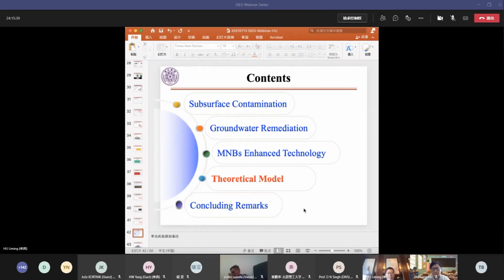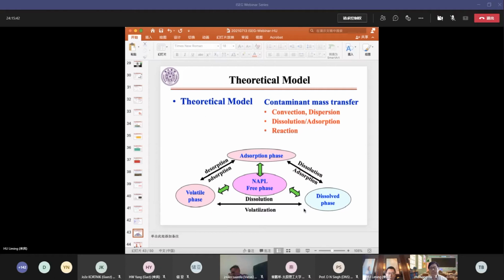It includes an adsorption model, and we can also include the phases: free phase, adsorbed phase, volatile phase, and dissolved phase, reacting with chemicals or bacteria.